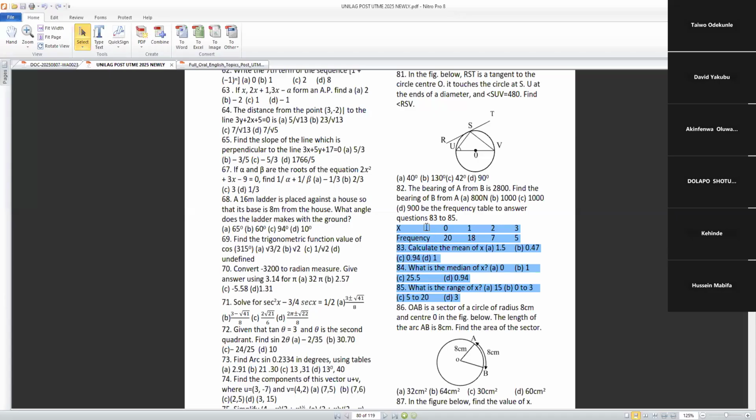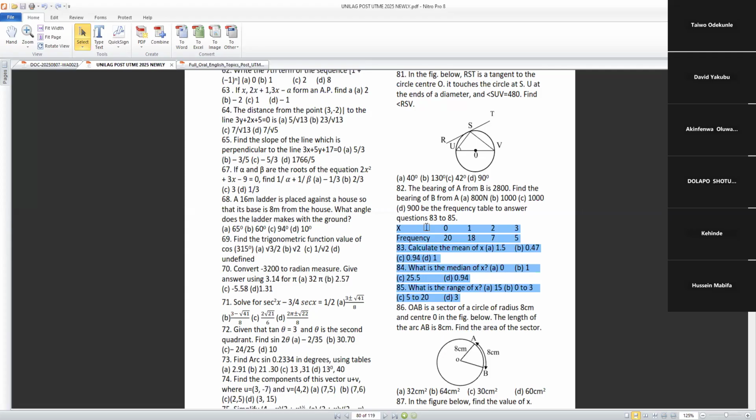Now, we are given x and we are given frequency. The question says, calculate the mean of x. I have found the mean of x. Now, let's use the idea of the frequency table to find the mean. Then we will justify our answer.